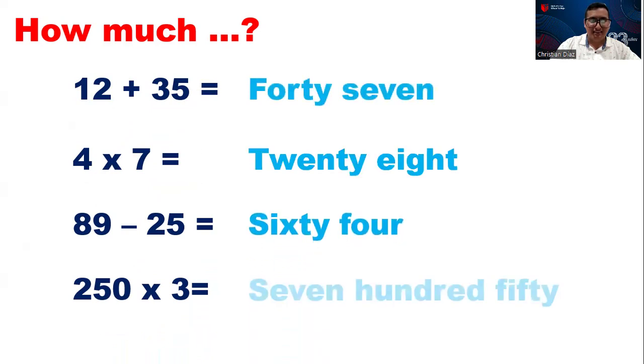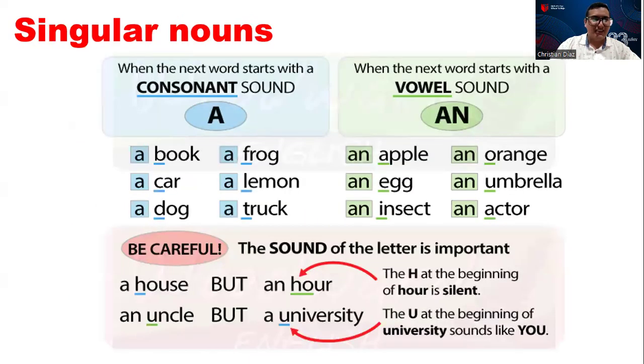Okay, thank you. Now we are going to talk about singular nouns. What is singular? Singular is only one, okay? Individual, one. But we have an article that replaces the number one in English.